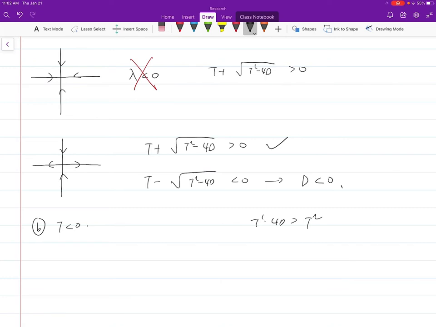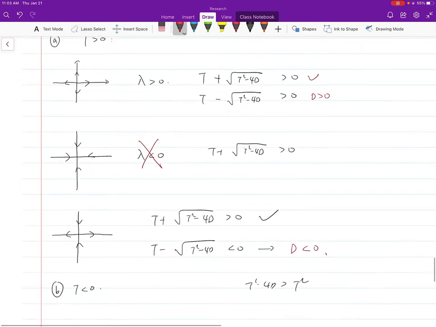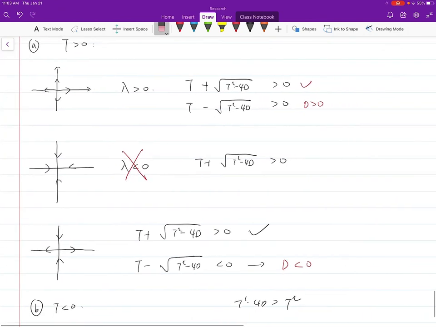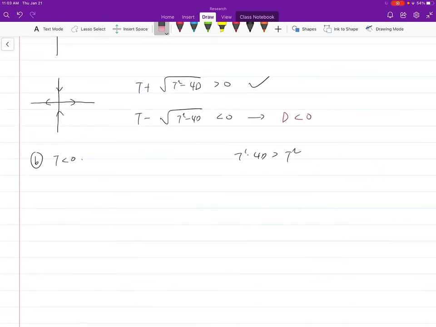Therefore, if you take the square root, the negative one is bigger than the positive one. Together, they become negative. So the key here is to look at your d when t is bigger than 0. If d is positive, you get the source, and if d is less than 0, you get the saddle. There's no way you can get a sink. Okay, so far, so good.